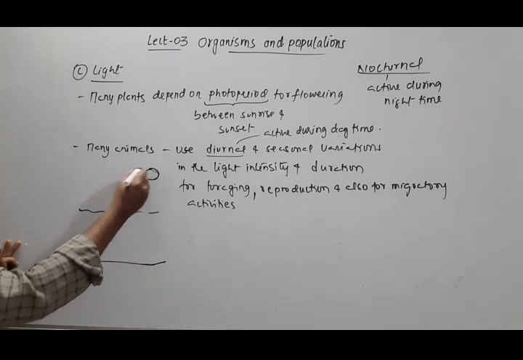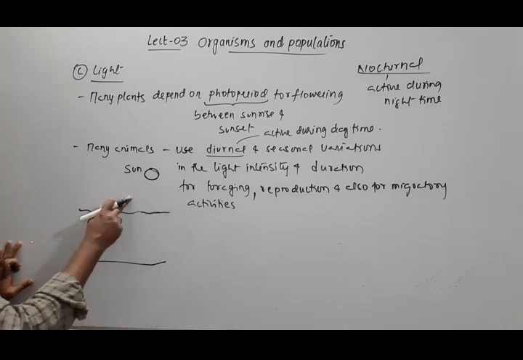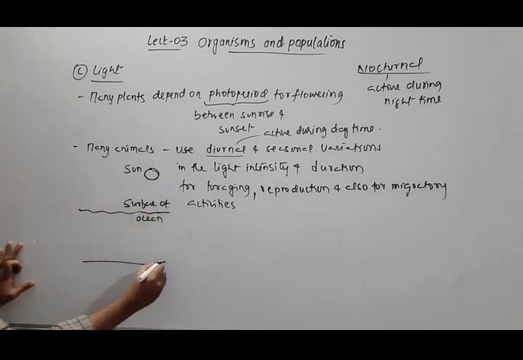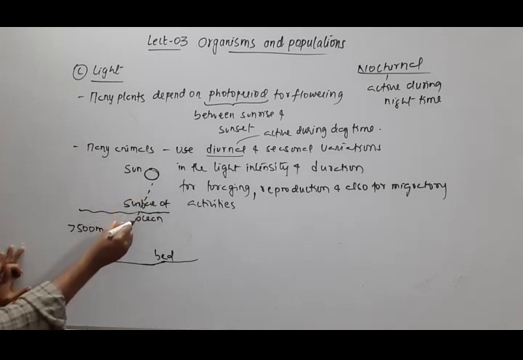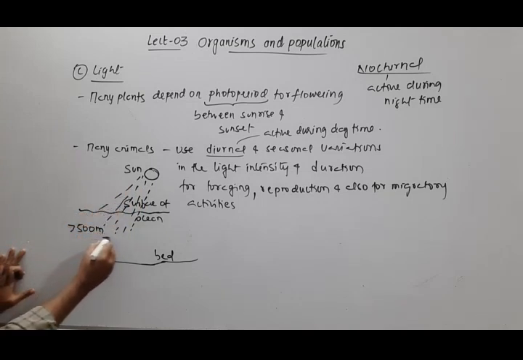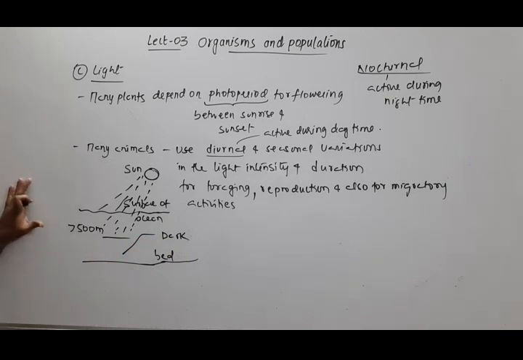But when the waters are so deep, say this is the surface of the ocean and this is the bed, and it is more than 500 meters in depth, the light will not be able to penetrate all the way to the ground. It can penetrate only to a certain extent. So at the bed, it will be dark. To that depth the light will not penetrate, and there will be no light in these regions.